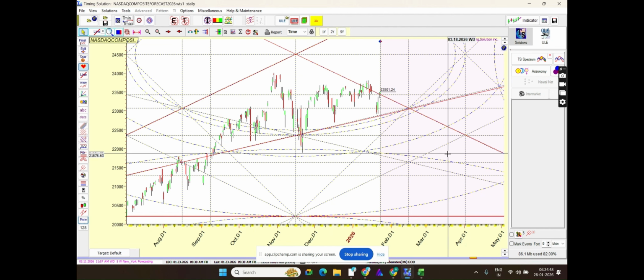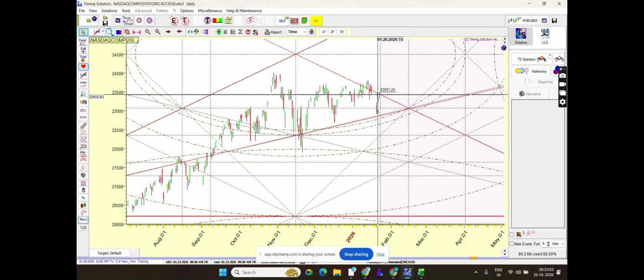If we drop below that, then we have a cluster of supports coming in at 21,629.45, and next is 21,268.58. So you have to watch the price action along this angle and this angle.